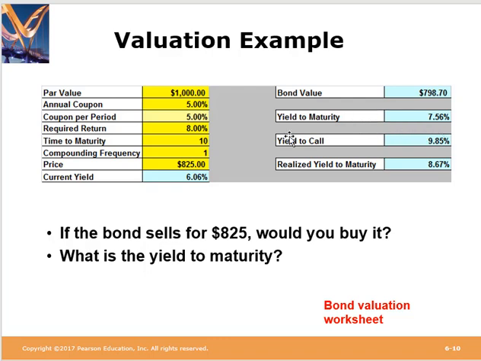In this case, if you buy this bond at $825, you would earn 7.56%. The challenge here is that you want to get 8%. So this is an example of a bond that you would not want to buy. You're not receiving a high enough return, or the price is too high for the purchase of this particular asset.